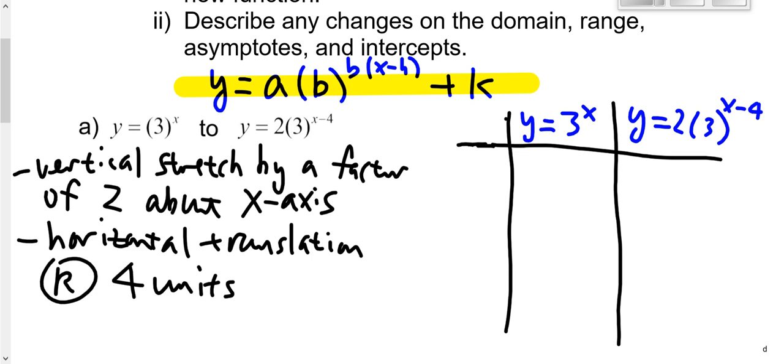So now let's look at one thing at a time. First thing, let's look at the domain.